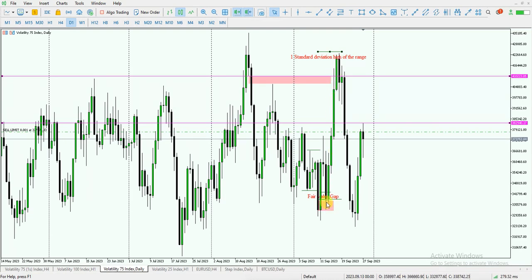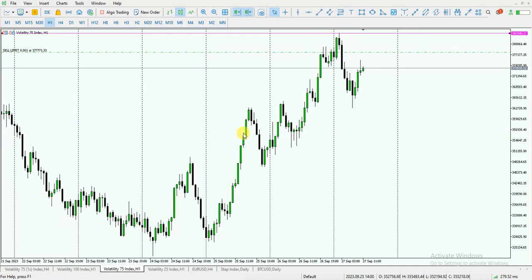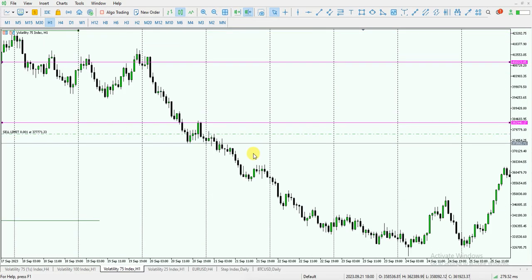Now let me go back to my 4-hour time frame. We see price doing this and coming back into the order block. This is a very good entry to take. If you go down to a smaller time frame, like the 1-hour, it should give you more clear, concise entries.